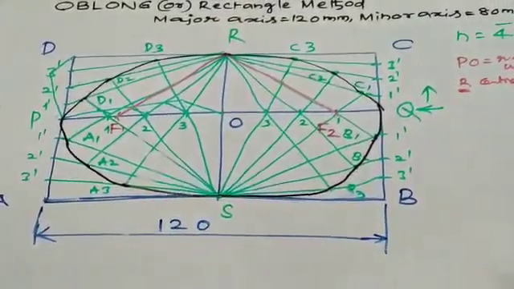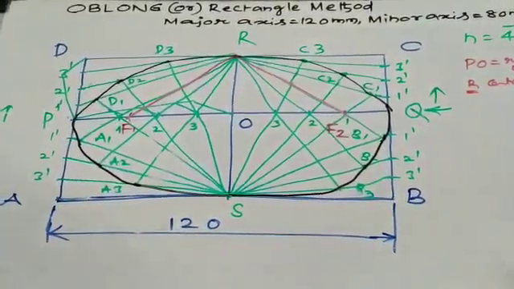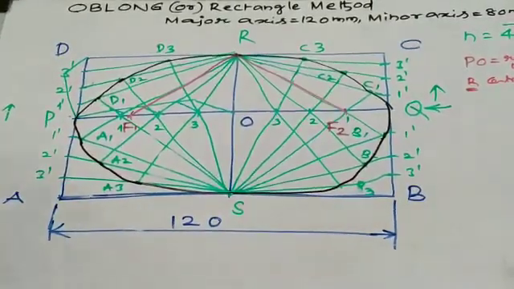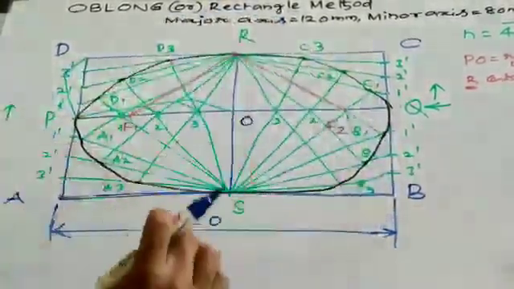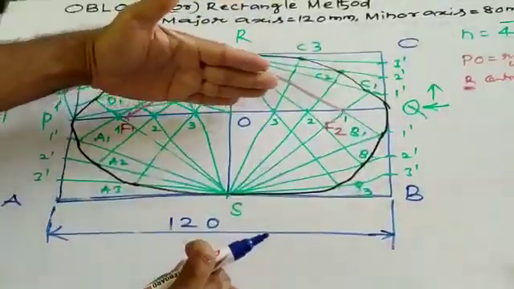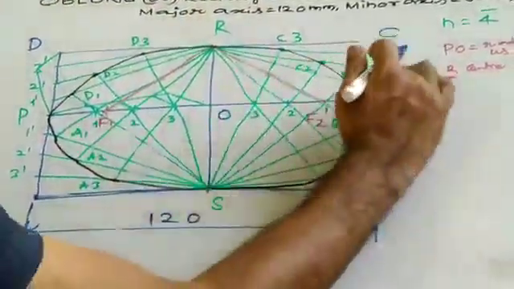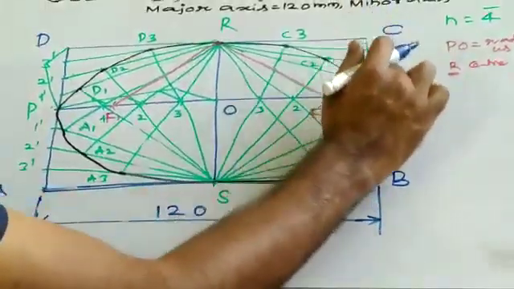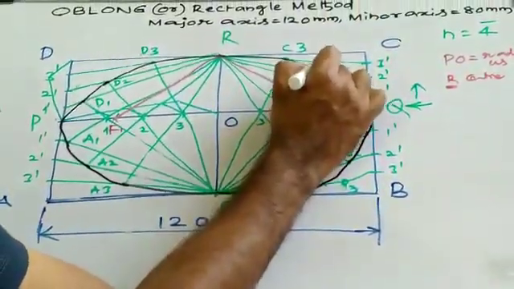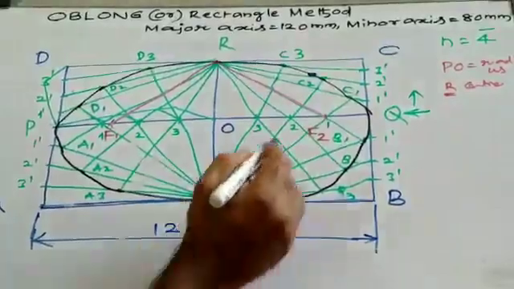After getting the F1 and F2, then locate a point on the conic, away from major axis, away from minor axis. So this is considerable length, 30 mm from major axis.